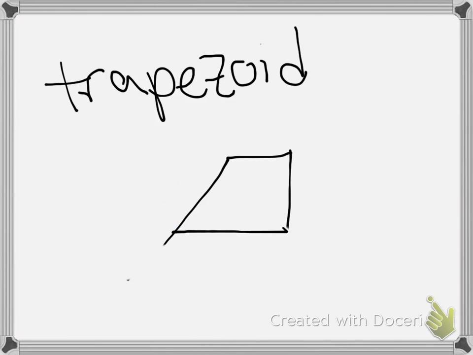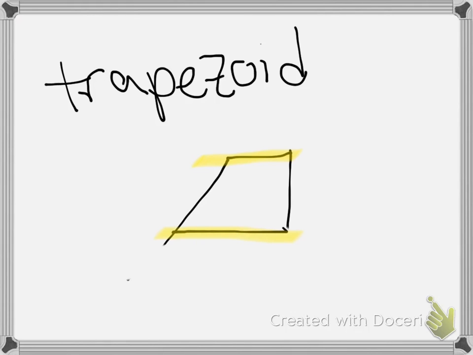Perfect. Next one, trapezoid. This is the hardest one for me to know, and it's hardest for you guys too usually, because nobody ever uses the word trapezoid. Once again, it's a four-sided figure. Do you see how no sides are the same length? None of the sides of these things are the same, right? All of them are different. The tricky thing about a trapezoid is this line is parallel to this line.